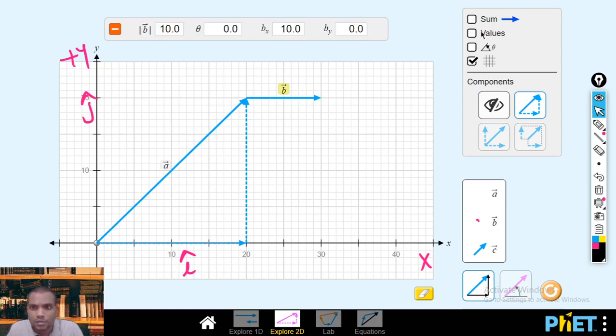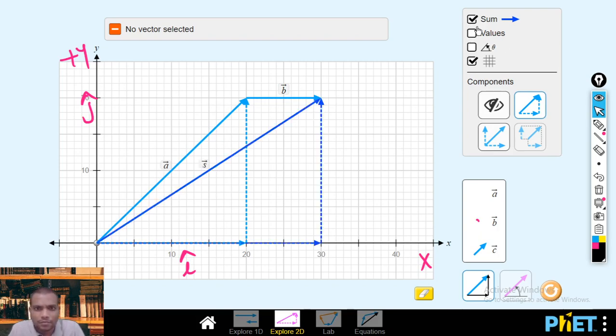The b vector resolution is not showing here, so let us continue like this. And we know how to resolve this component. Since the b vector is parallel to the x-axis, it does not have any component along the y-axis. It's common sense.